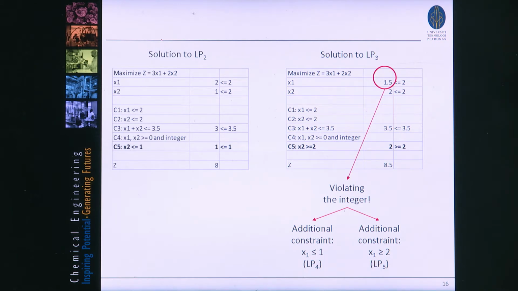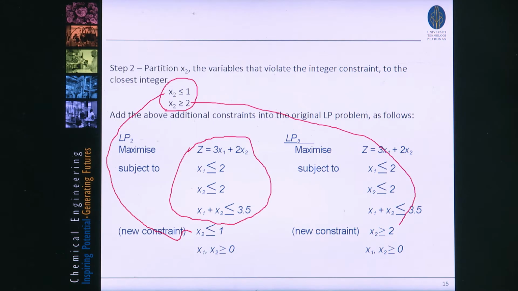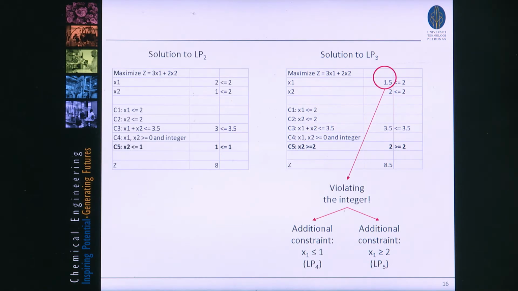In the second problem, x2 less than or equal to 1, we see that x1 is 2, x2 is 1, and x1 plus x2 is 3, which is less than 3.5. So z is 8. In LP3, we get x2 equals 2, but then x1 is violating the integer requirement.